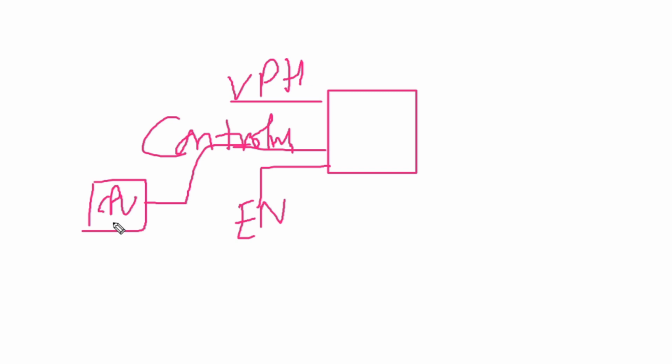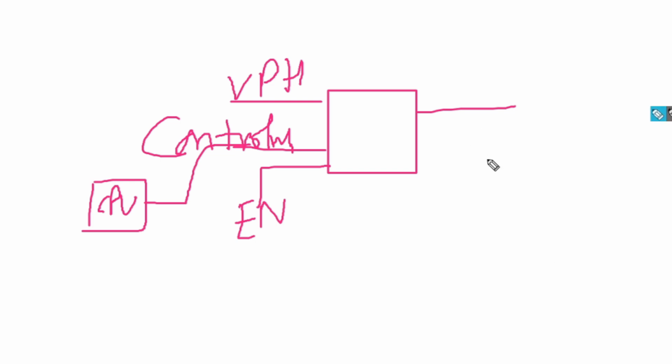Right? After every requirement is fulfilled, this IC produces output. Clear? If this IC only gets VPH, it does not work. Some people comment to me, if an IC already has a voltage, why does this IC not work?